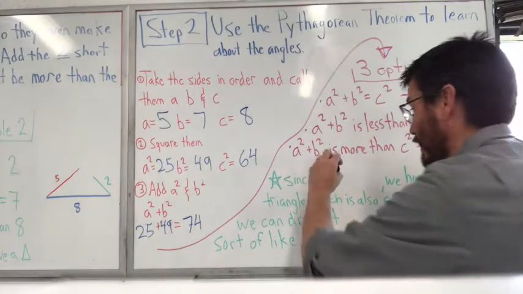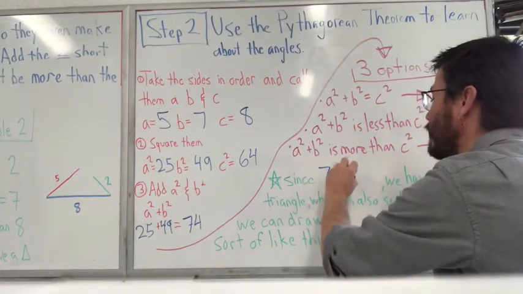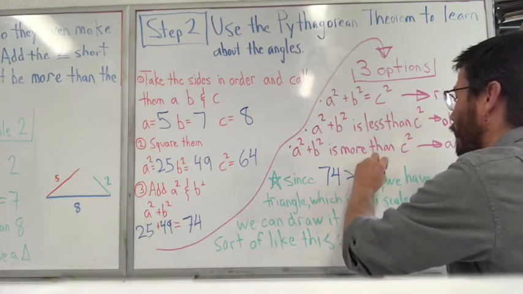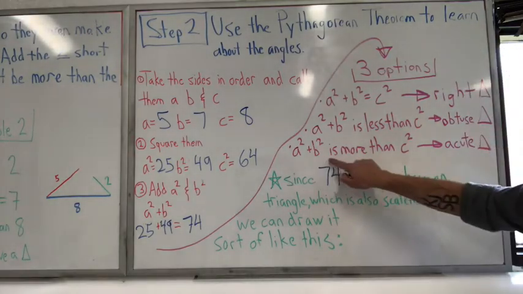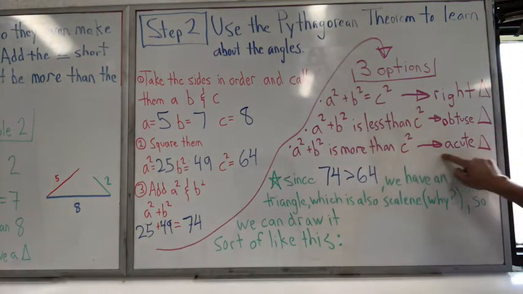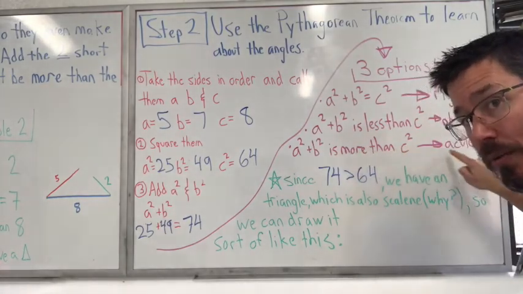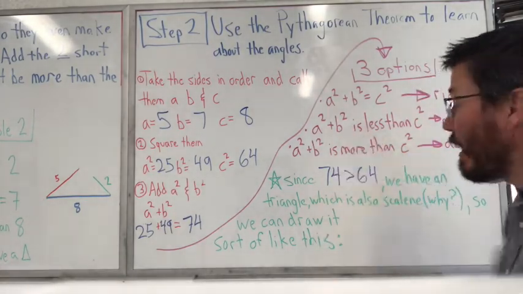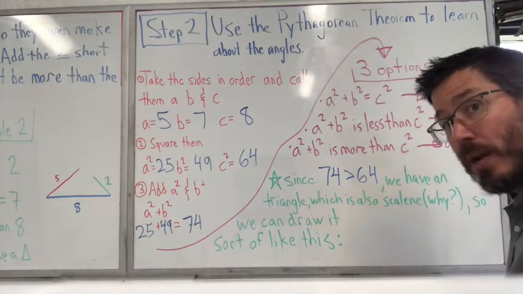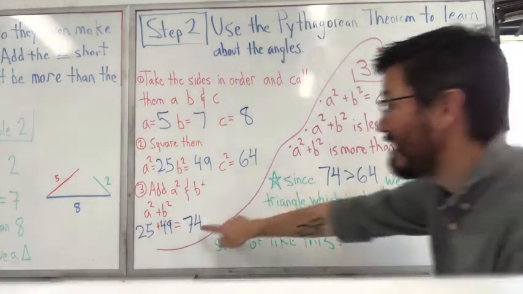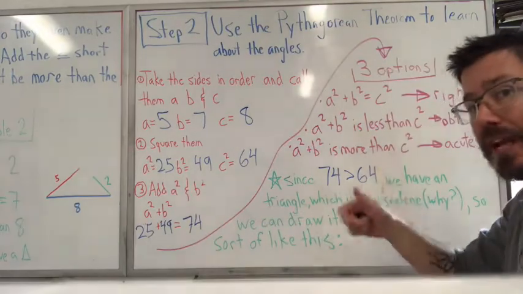It's different than our other example. 74 is greater than 64. So a squared plus b squared is more than c squared, and so we have an acute triangle. It's still scalene, but now it's acute. It was obtuse because this number wasn't big enough, but now it's big enough, so it's acute.